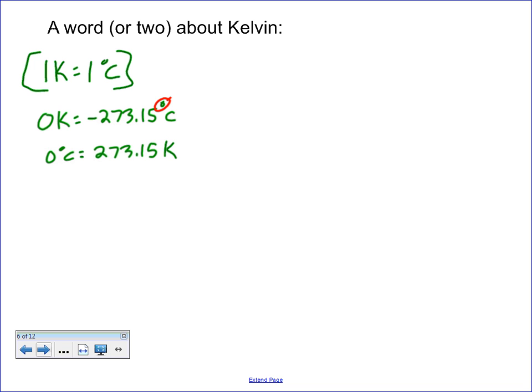When we're talking about Kelvin, we don't say the word degrees. It's just 273 Kelvin. And the reason we have an absolute zero scale is 0 Kelvin is the point where all the molecules in a substance have 0 kinetic energy. So it's the point where there is no thermal energy left, which is why we call it absolute zero.